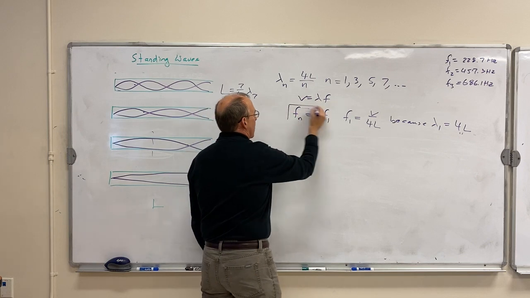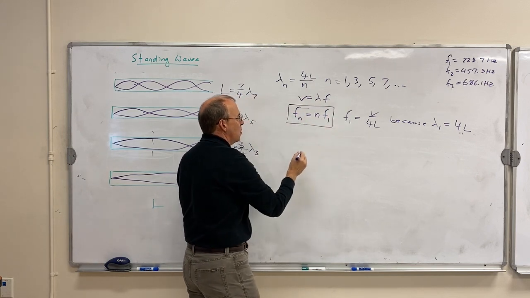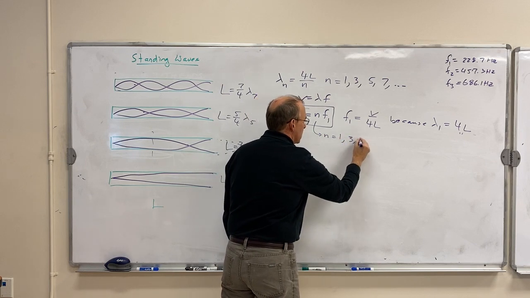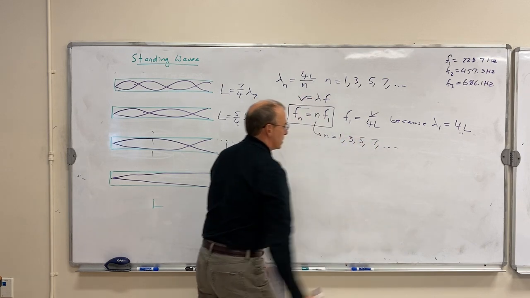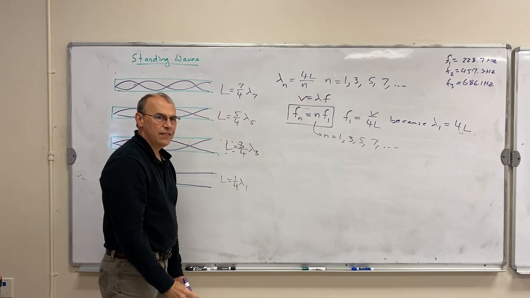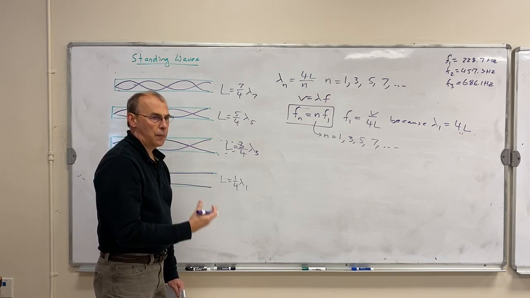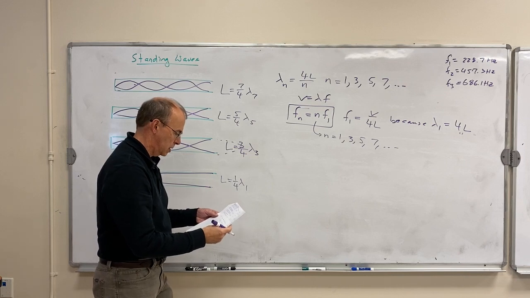And so even though Fn is n F1, the n's are 1, 3, 5, 7. The even harmonics don't occur in a pipe closed at one end.